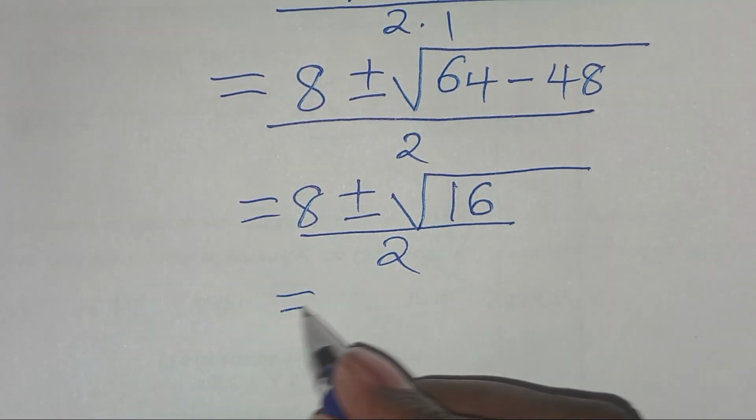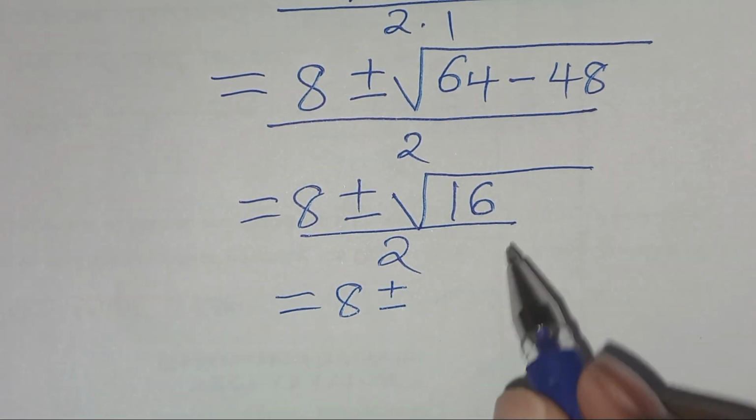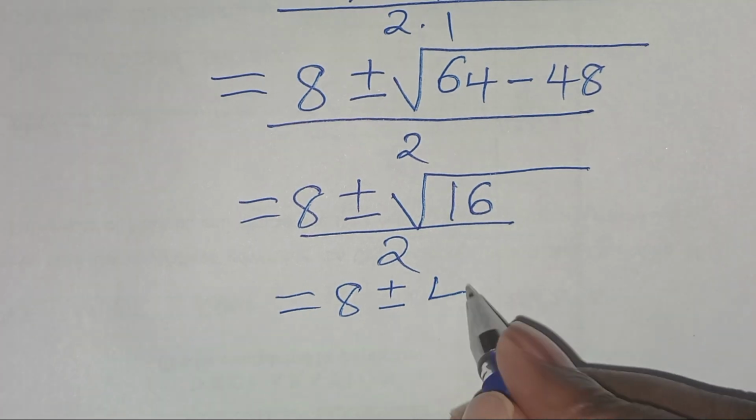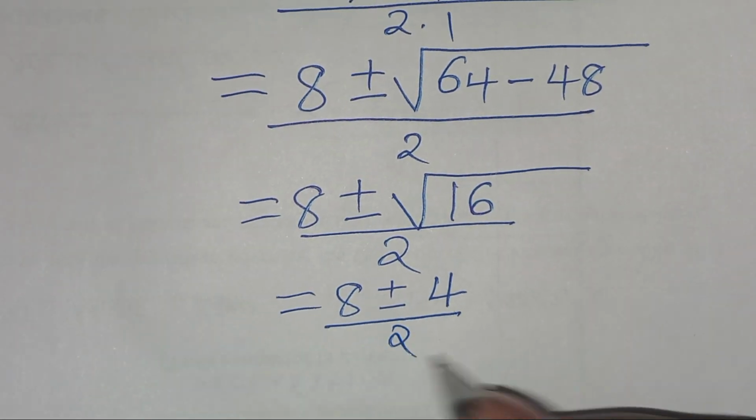So here we have 8 plus or minus the square root of 16, this is 4, over 2.